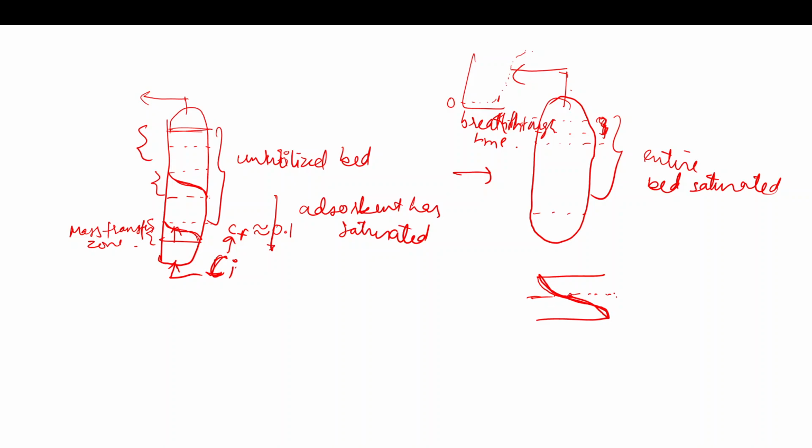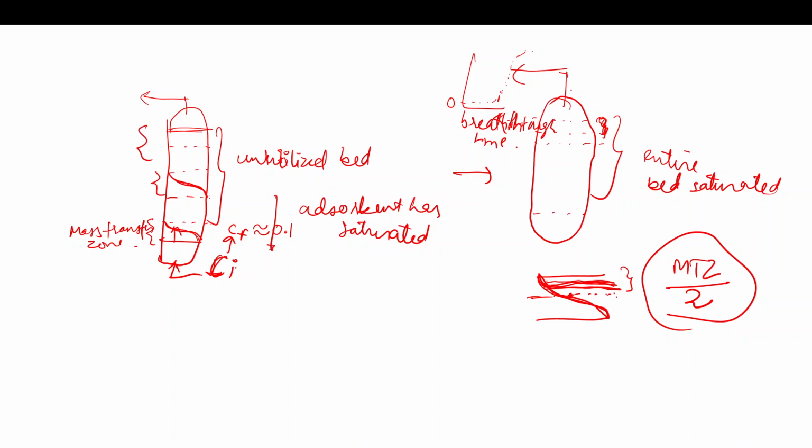Now see, after this point the concentration appears. So this region of adsorbent will not be used, and so MTZ by 2 will be the length of unutilized bed theoretically or in ideal scenarios.